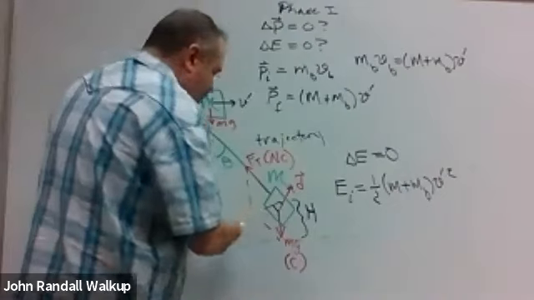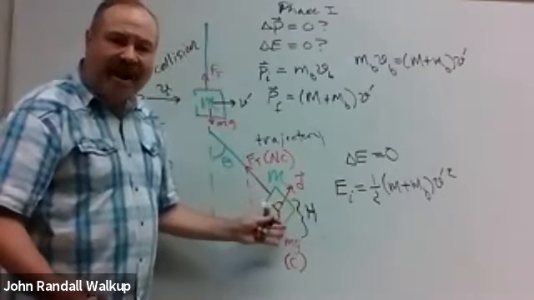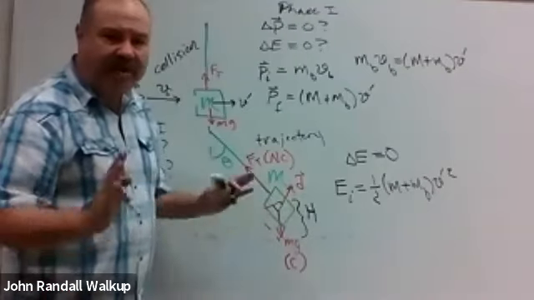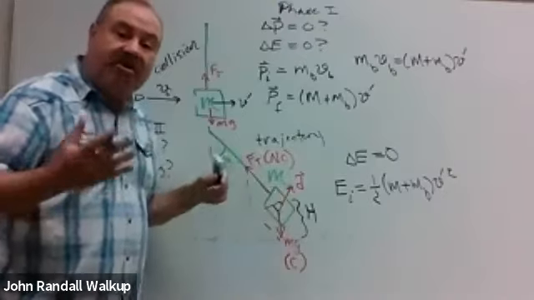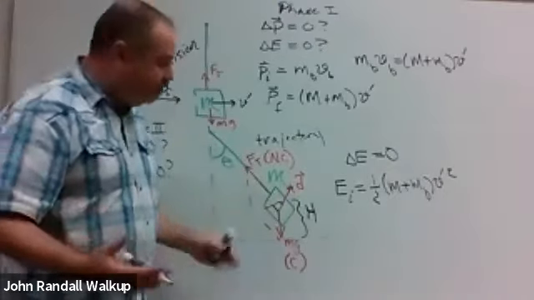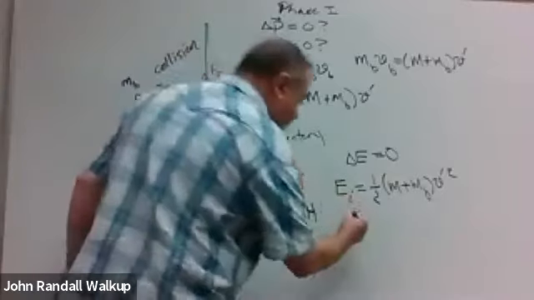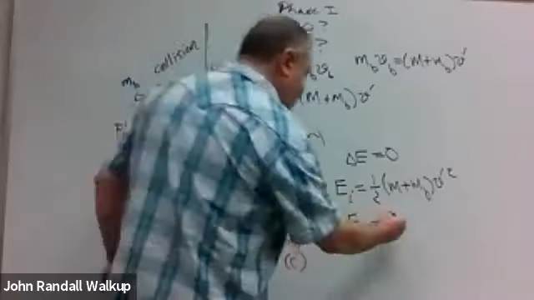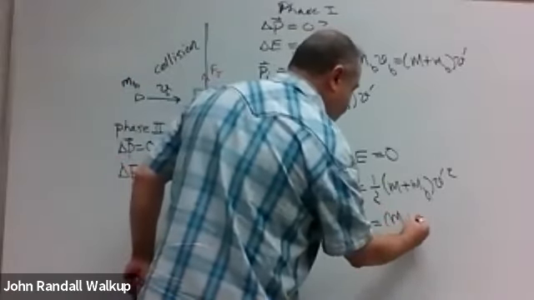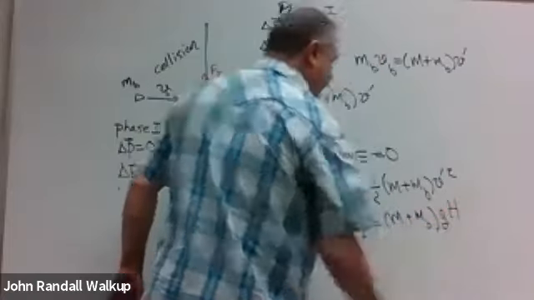What's the energy after? Well, when this thing comes up to its maximum height, it comes to rest momentarily. It might swing back down, we don't care. So it comes up momentarily to rest. The only energy it has is gravitational potential energy, mgh. So the final energy is big M plus M sub B times g h.